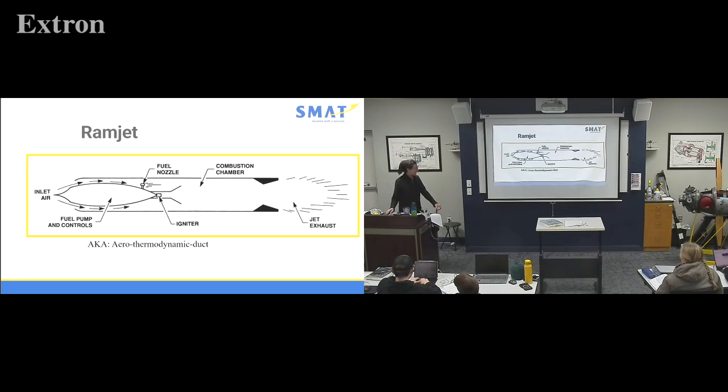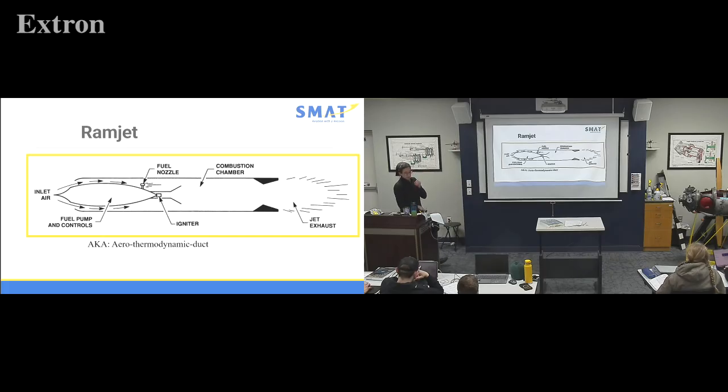Alright, ramjet. So the rockets are non-air breathing. They have their fuel, oxygen, or oxidizer contained within themselves. Now we have an air breathing engine. Ramjet has no moving parts. And since it doesn't have any compressor to draw in the air, it has to be moving. So it has to be launched off of a moving aircraft or something.